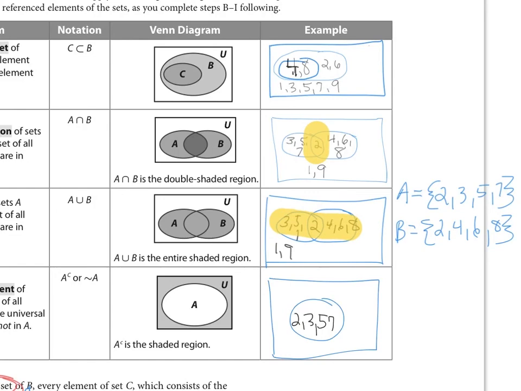So if we put those numbers outside this circle, the ones that are not in the circle: our 1 is taken care of, 2 and 3 are inside, 4 is outside the circle, 5 is inside the circle so we don't need to duplicate that, 6 is outside, 7 is inside the circle, and then we have 8 and 9. So if we are highlighting the complement of A, or A with that little almost exponent C notation that you see there, we are saying that the complement is everything that is outside of that oval.